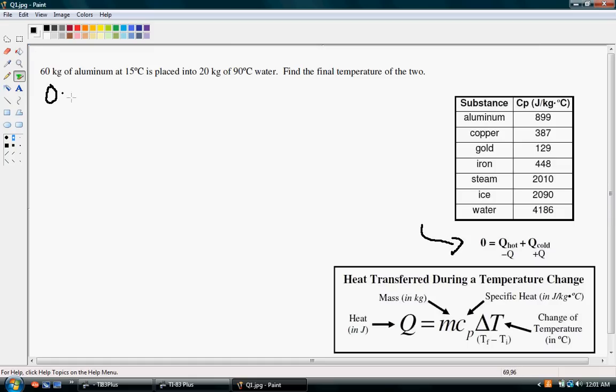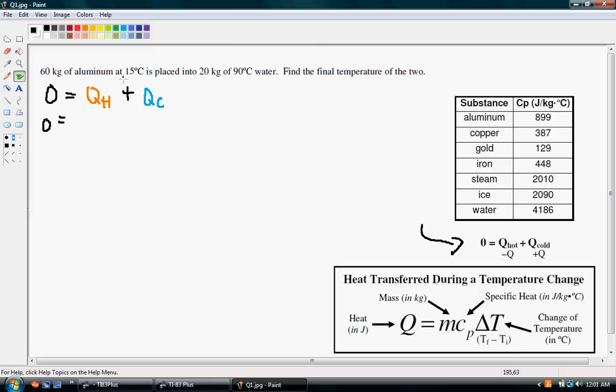Alright, 0 equals Q hot plus Q cold. Now we need to figure out what is Q hot and what is Q cold. Q hot is the one that was going to be hotter originally and is going to be losing heat.